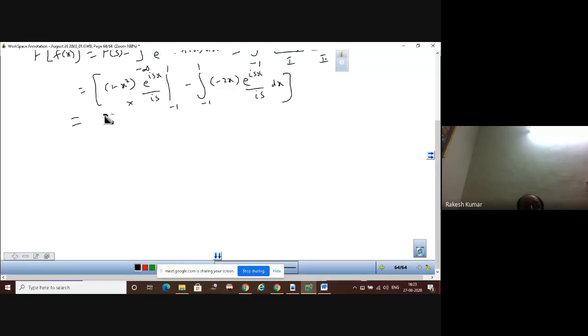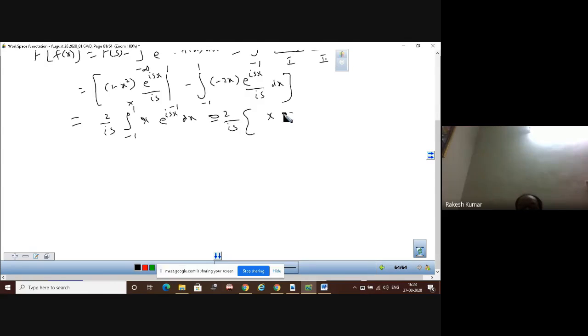That will be minus and minus, plus 2 over iota s. You can integrate it again, x e raised to power iota s x dx. Integrate it by parts again.